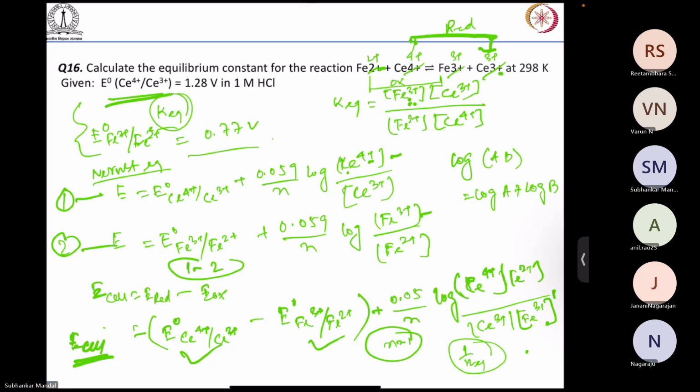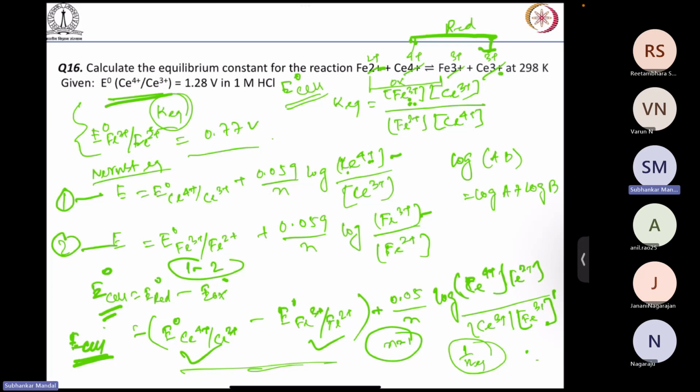But the thing is, E naught cell is not given. I think here they should give the E naught cell. Then we can calculate from here what the K equilibrium is. This is the procedure for how we can calculate the equilibrium constant.